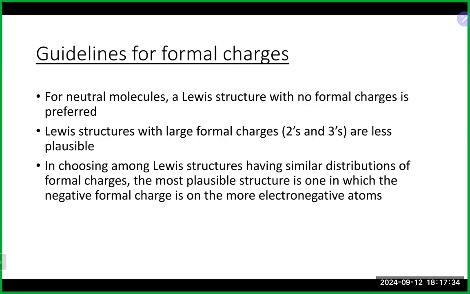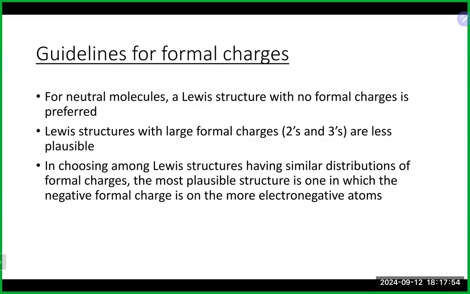What that does is reduce the overall charge on all the individual atoms, and that's your best situation. If you could hit all zeros, that's golden. That's probably your best structure that you should draw. Or at least if you can minimize to a lot of things getting down to zeros, that's really good.